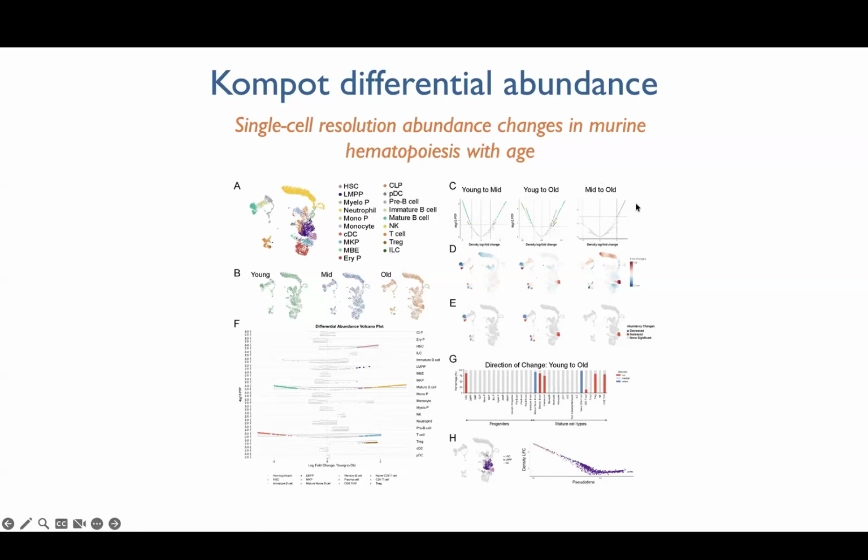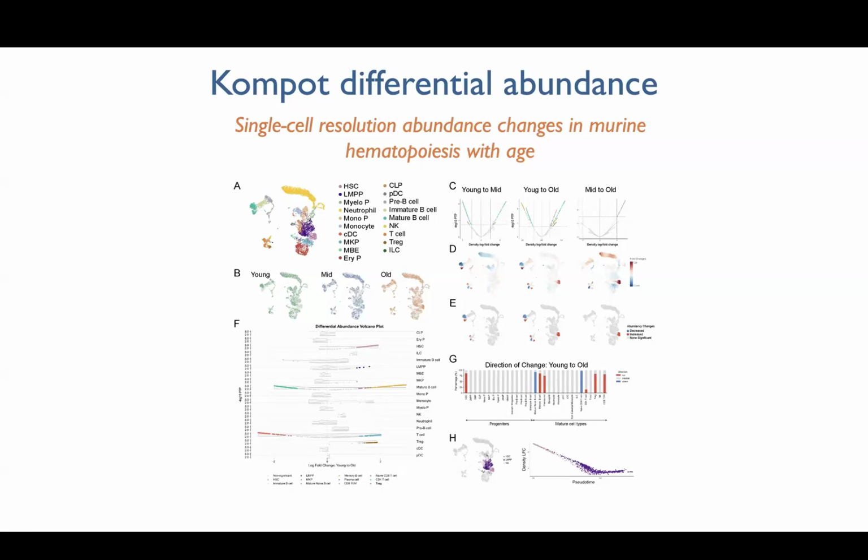Whereas when we go from mid to old, there's an increasing accumulation of the stem cell population. This is interesting, and it's well known. As a function of age, stem cells become a bit more dysfunctional, where rather than differentiating, they tend to hang out in the stem cell state itself.